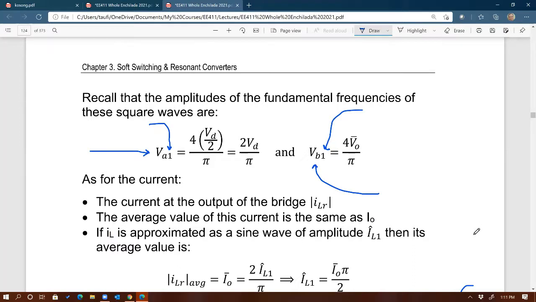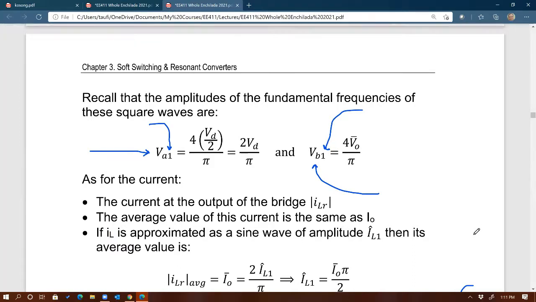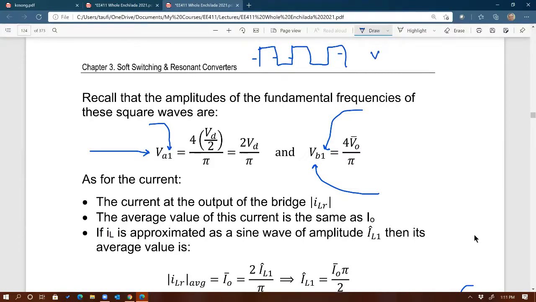Now, I'm not expecting you to remember this, but if you have a square wave, then Vn, the harmonic content of this square wave, is equal to 4 times V peak divided by n pi.